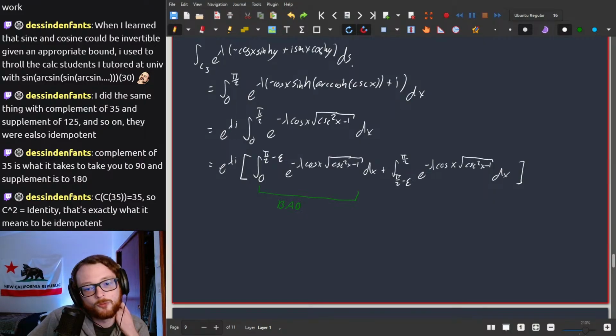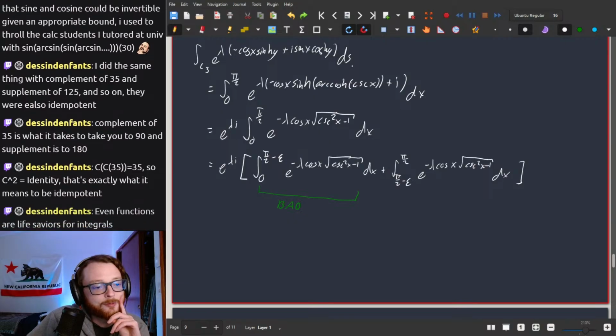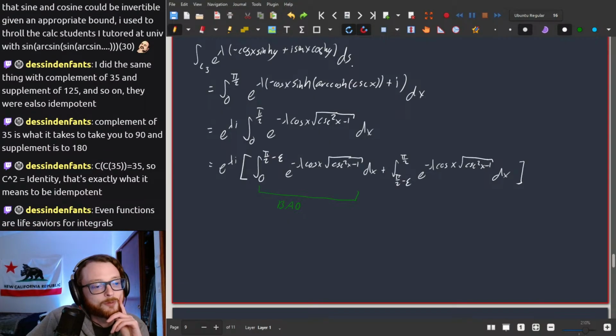What I really want to do is just shift the bounds. I can always reverse them by sticking a negative sign in front. The complement of 35 is 35. Yeah, the symmetry is so important for integrals.